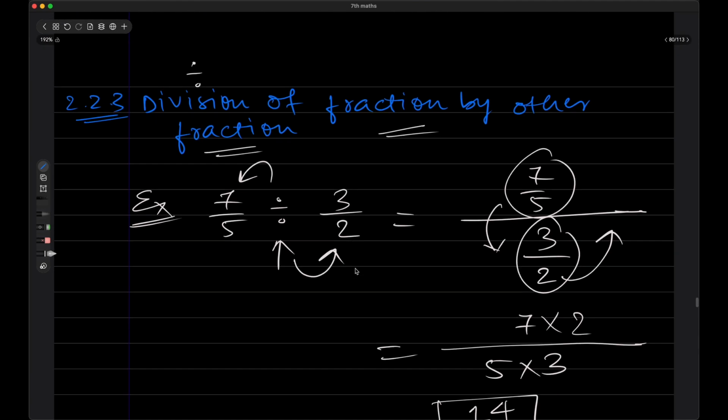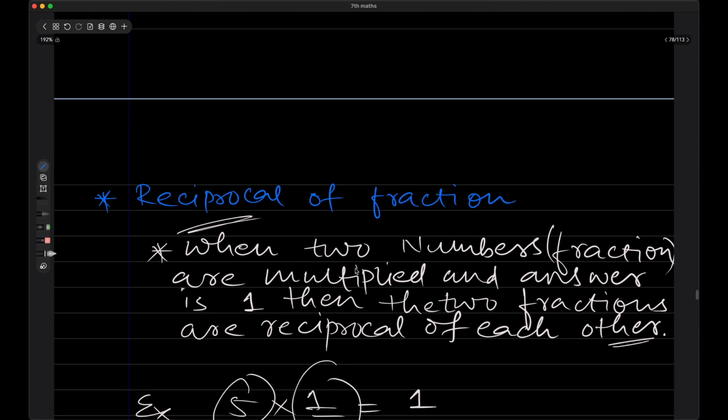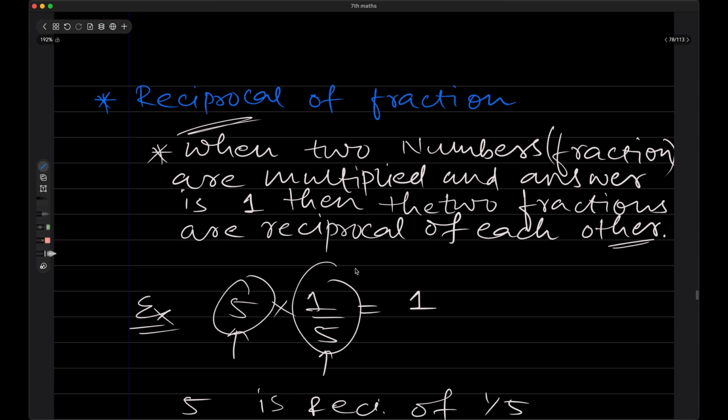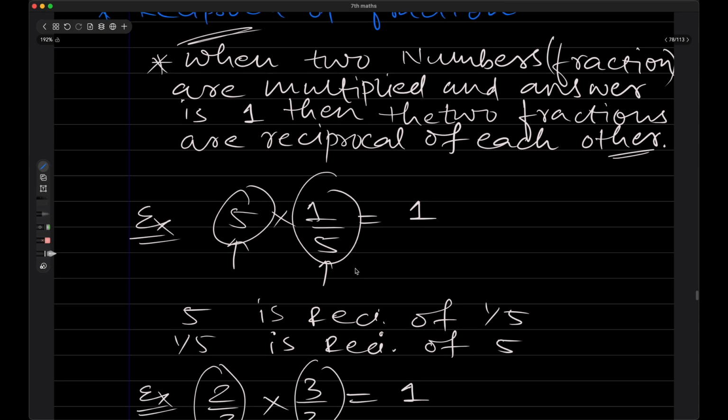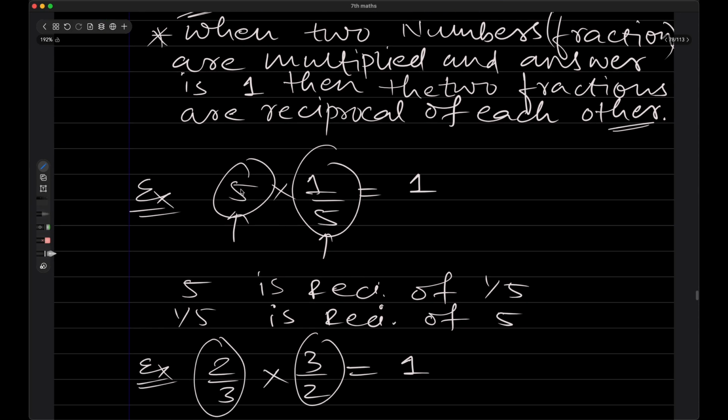And the reciprocal topic, that is when two numbers or fractions are multiplied and answer is 1, then the two fractions or the numbers are reciprocal of each other. We have taken the example 5 and 1 by 5. Product is 1, so we can say 5 and 1 by 5 are reciprocal of each other.